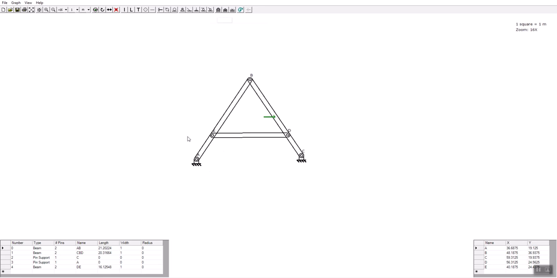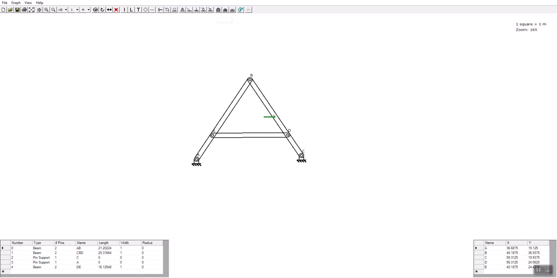This kind of structure is generally called an A-frame because it looks like the letter A. And when you look at various structures, you will see that many structures are combinations of this A-frame.